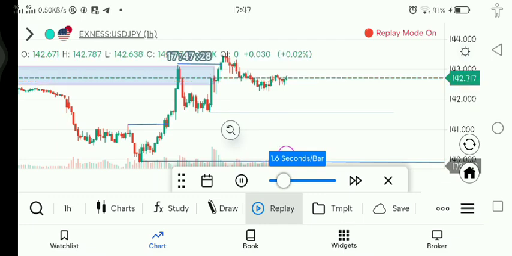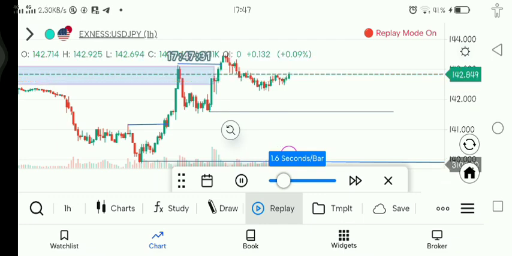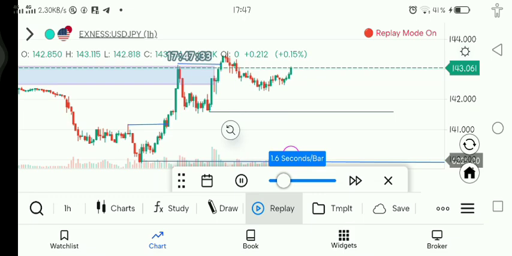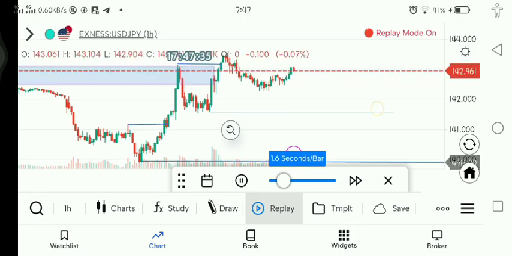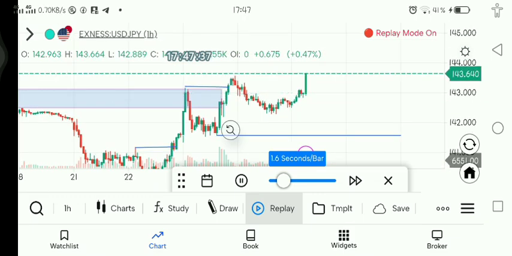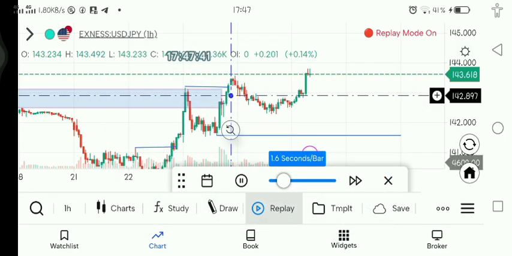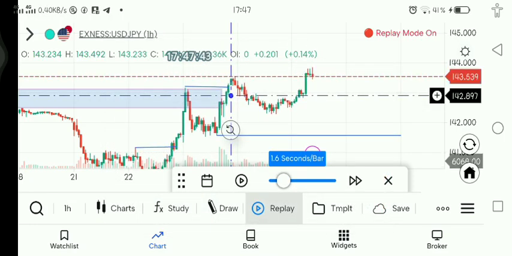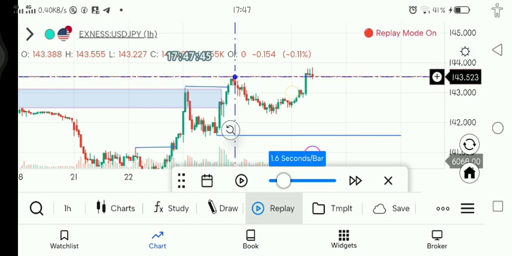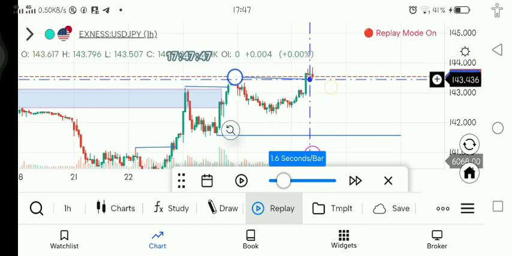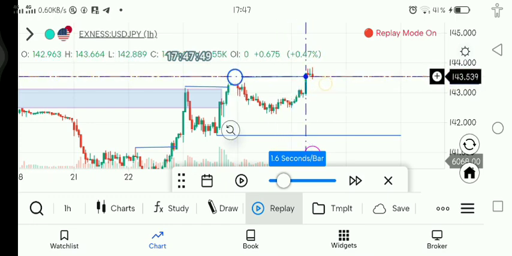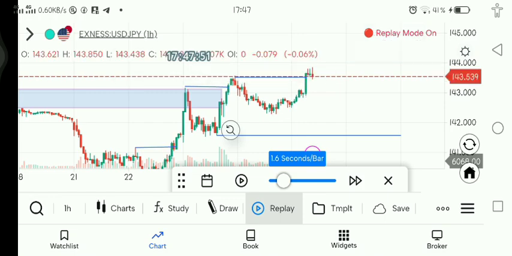Alright, so let's increase the speed a little bit. So remember, this is our high. So price just broke our high right here. Remember, it's better to miss the trade than to enter a wrong trade. So what does this mean?